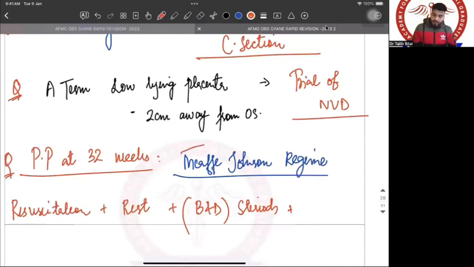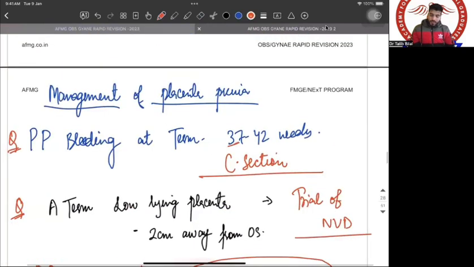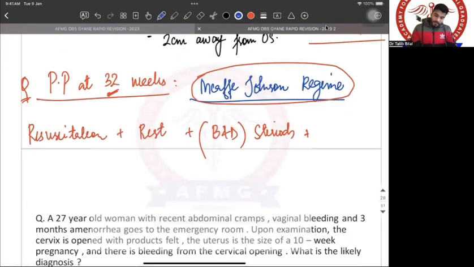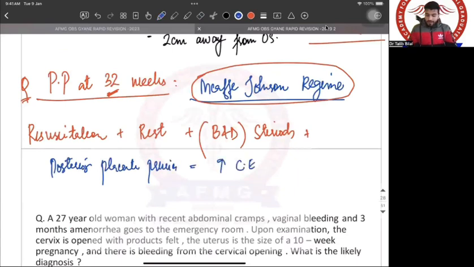This all is the McFadyen-Johnson regime when the placenta previa is at 32 weeks. But if she is at term, your answer will be cesarean section. If you have a posterior placenta previa, guys, in posterior placenta previa there are increased chances of cord entanglement.